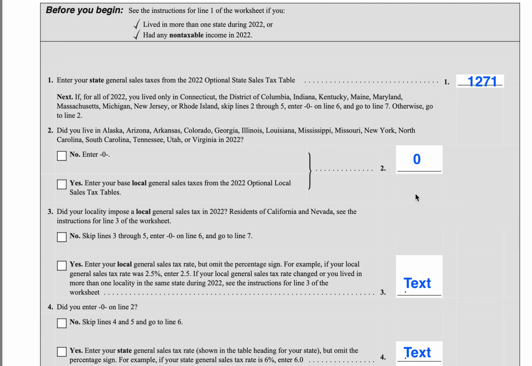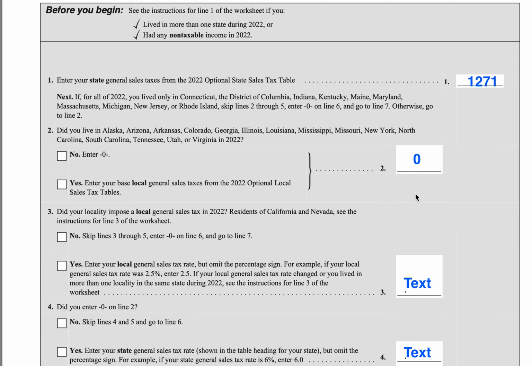Otherwise, you would check yes, but only include the part that exceeds 7.25%. If you lived in Nevada, you would do the same thing, except your general sales tax rate would be 6.85%. If your combined amount was higher than that, you would only include the amount subject to more than 6.85% tax.